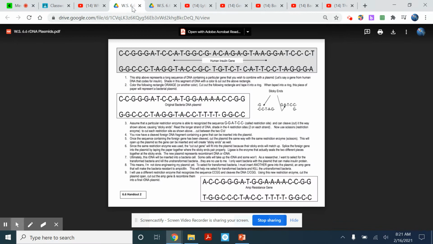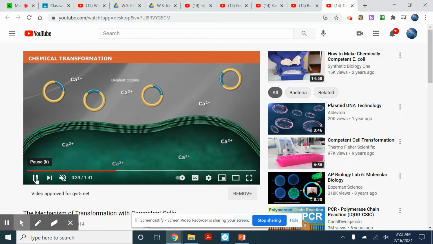Okay. So with all that I just reviewed, now we should be able to look at this diagram right here. And here we have a plasmid, and this is a bacteria cell. And I just showed you that bacteria cells have the ability to take in DNA from their environment.